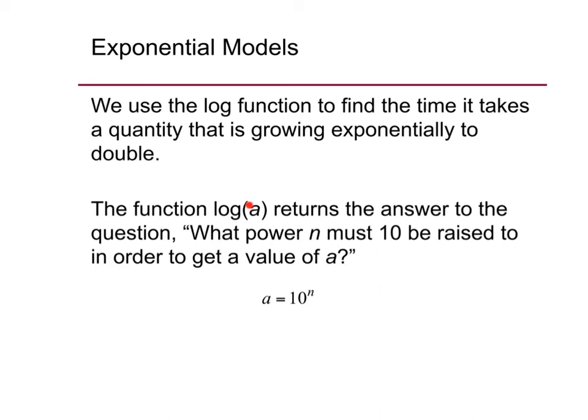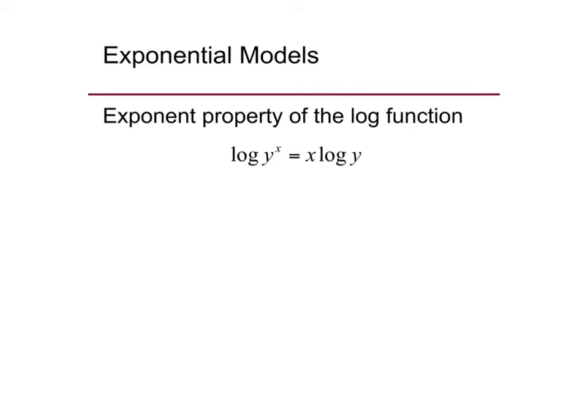The function, the log of a value a, returns the answer to the question, what power n must 10 be raised to in order to get a value of a? That's what the logarithm does. It answers the question, what is the exponent that I need to get this certain value a? And the way that it does this is using this really important property of logs.